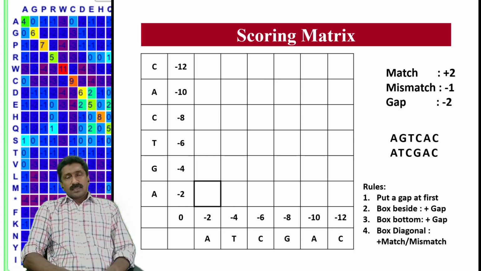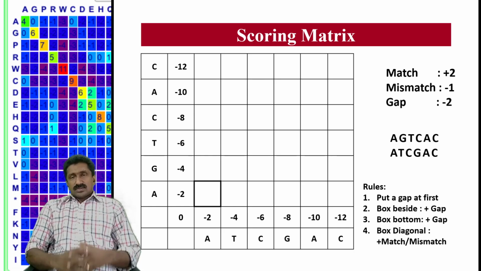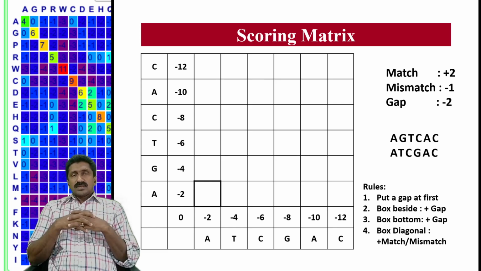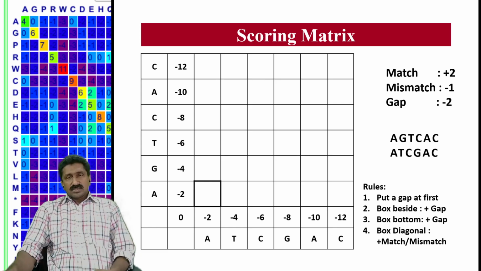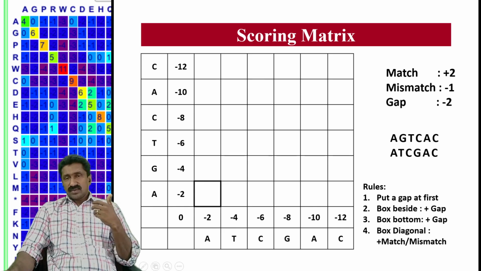Okay, fine. So this is the scoring matrix. In the scoring matrix, you can set the sequences on the x and y axes, as I mentioned here. The two sequences to be compared are 6-letter sequences, and this is the first sequence and this is the second sequence, arranged on the x and y axes.